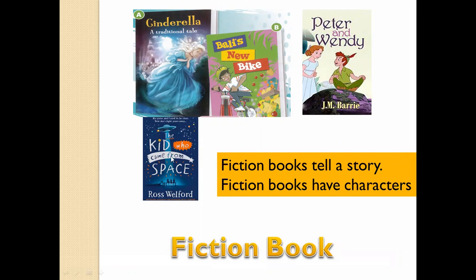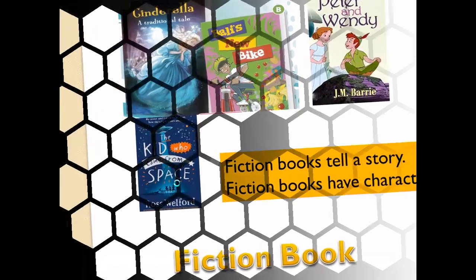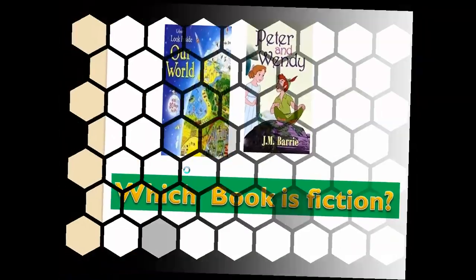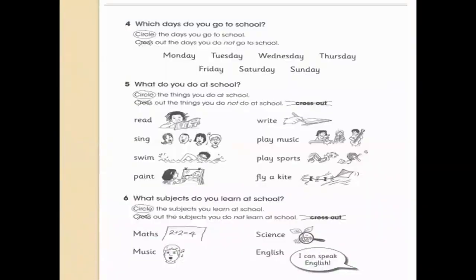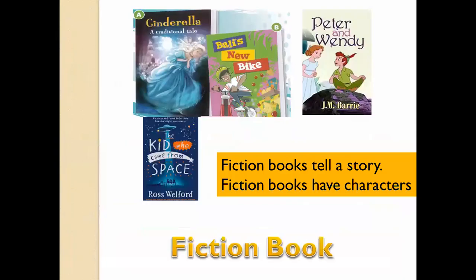Kids who have come from space. Look, if you see here, just a minute. The kid who came from space. You can see on the bench, there is a kid sitting. So the kid is the character of the story.